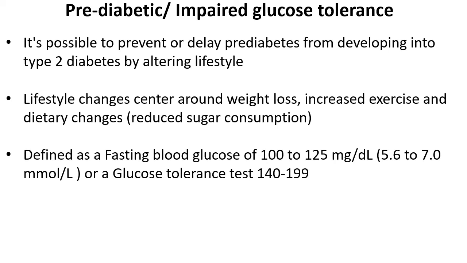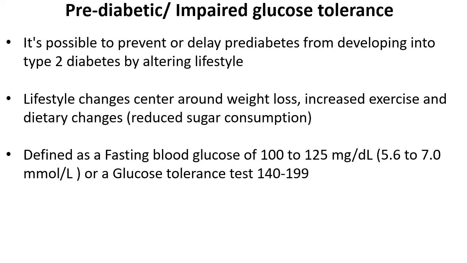So why is that the case? Well, in type 2 diabetes, I mentioned that the most common cause is obesity. And obesity makes the cells of our body insulin resistant. So if we're able to alter our eating habits and also increase our activity and lose weight, the cells around the body become sensitive to insulin again.